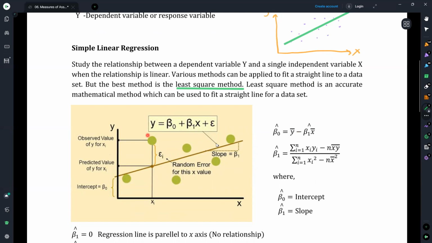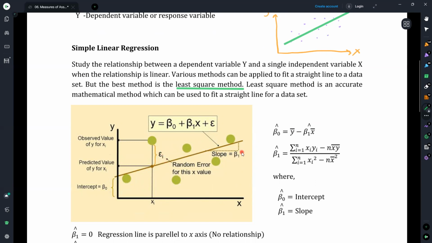If you look at this set of data, these dots represent the data points, and this line is supposed to be the best fitting line. Once we have a best fitting line, we say that errors may be included. Therefore, epsilon notations are included for the errors.